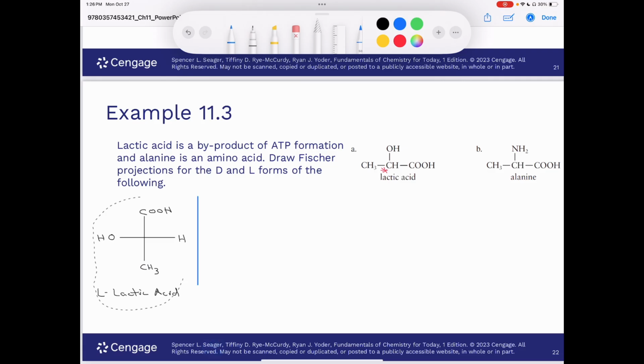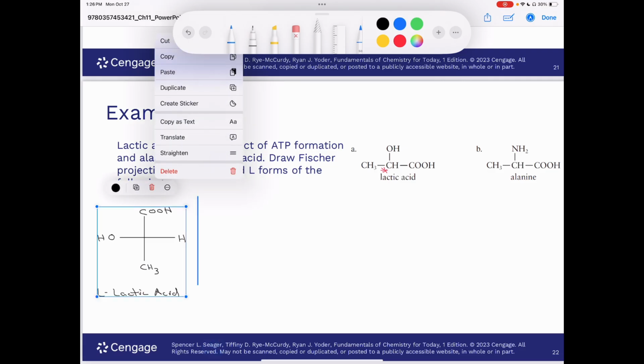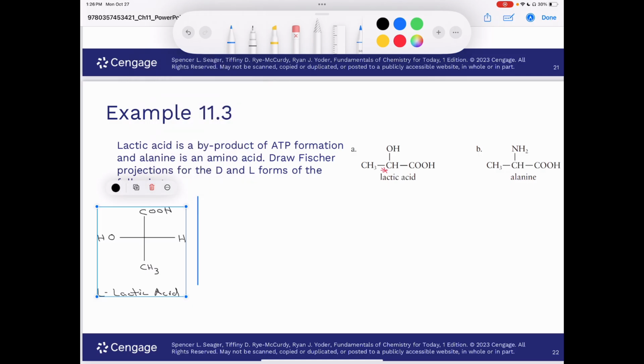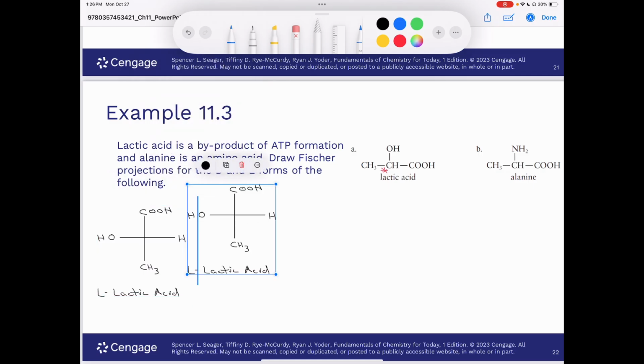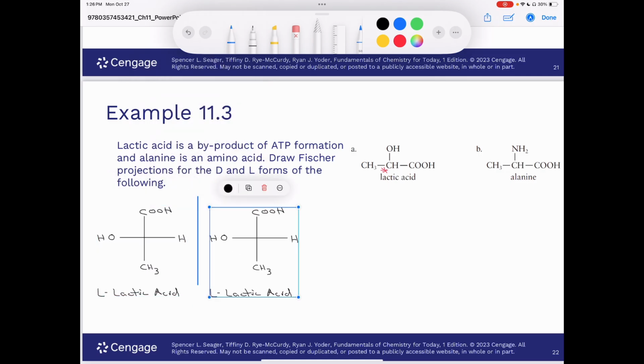So what I'm going to do to make this simple for myself is I'm just going to copy all of this and paste it over here. And then I'll alter the structure through the magic of the iPad. So I'm going to delete this and this and this. I'll put my hydroxyl on the right-hand side. And so there we go. Now I have my D-lactic acid.